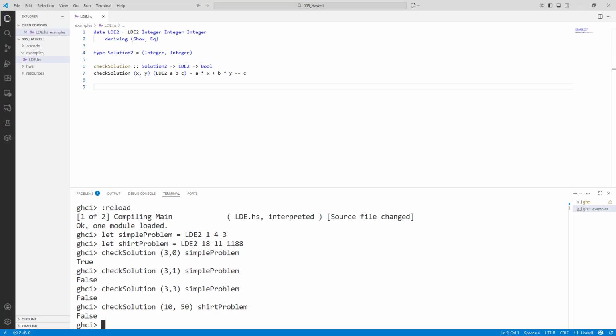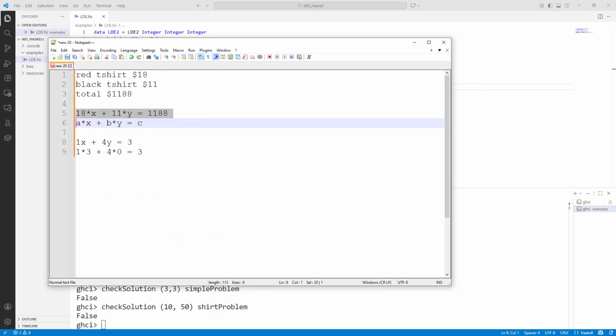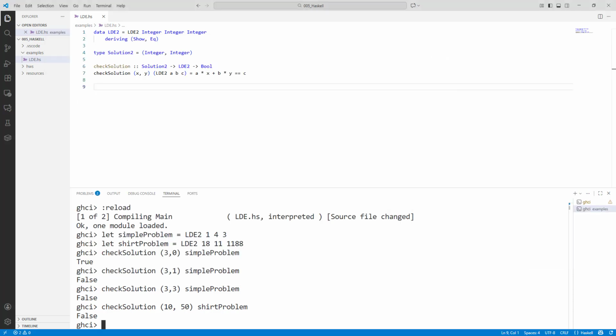Let's try another strategic guess. What if I only bought large shirts? And by large, I mean the black ones. And no, what was the other one? Red shirts. Yeah. What we can do, we can pretty much say that this would be interesting because we had 1188 divided by 18.